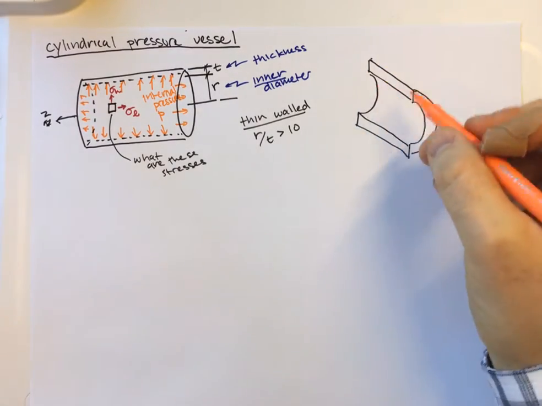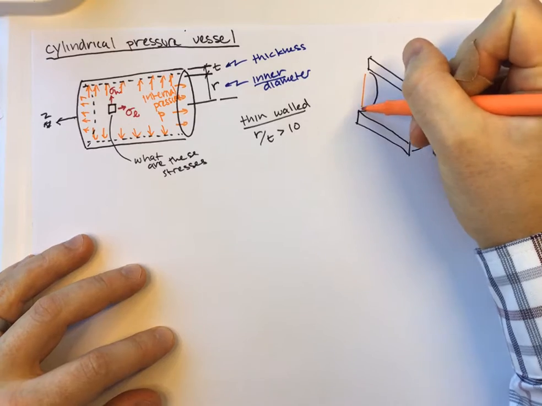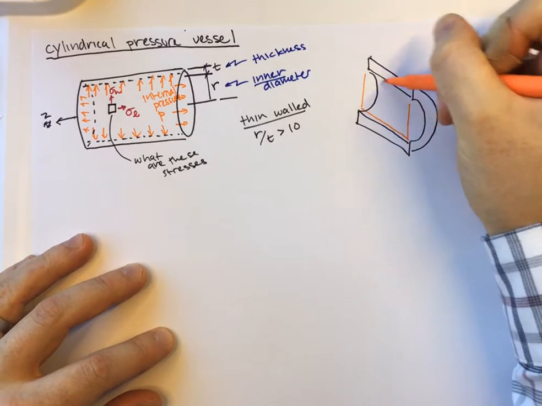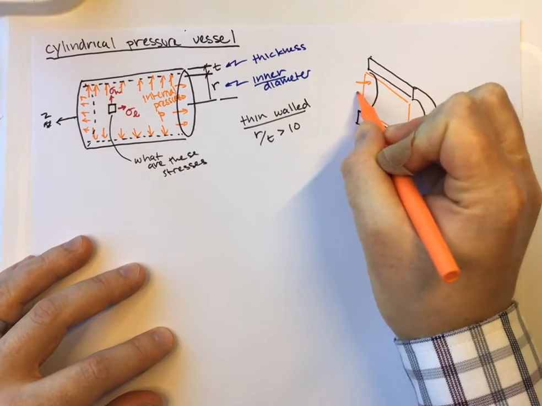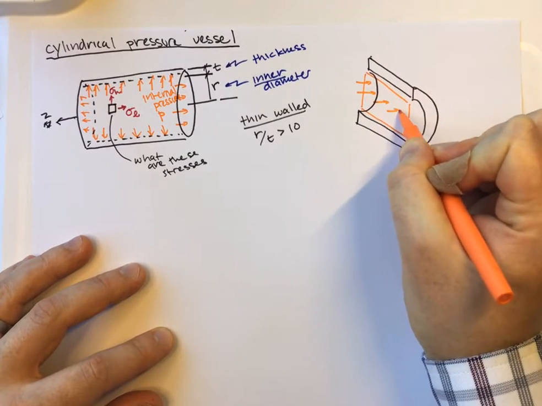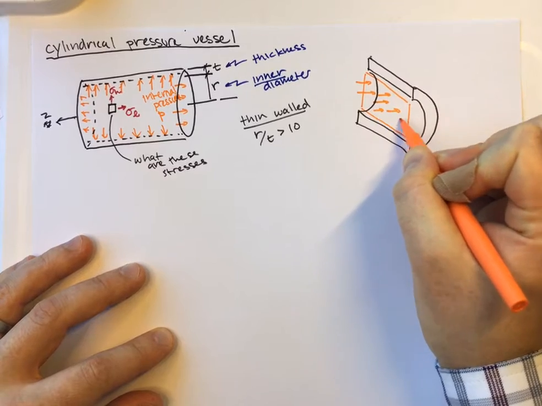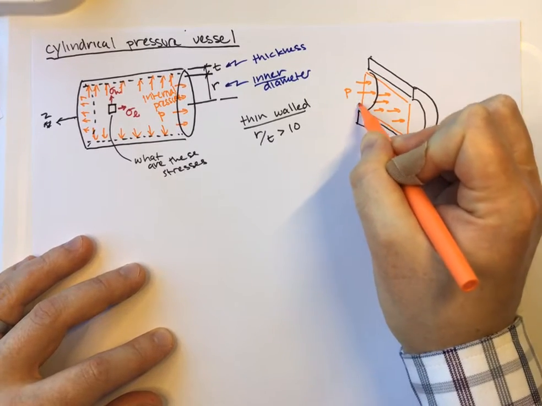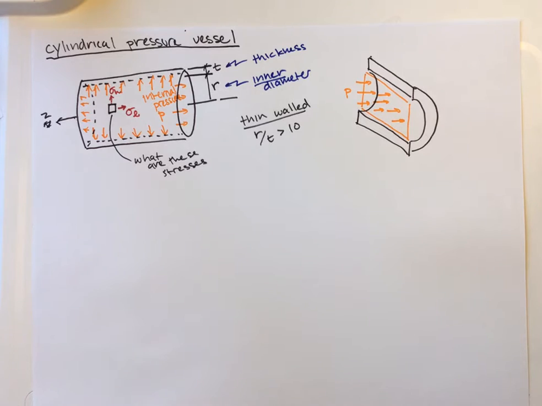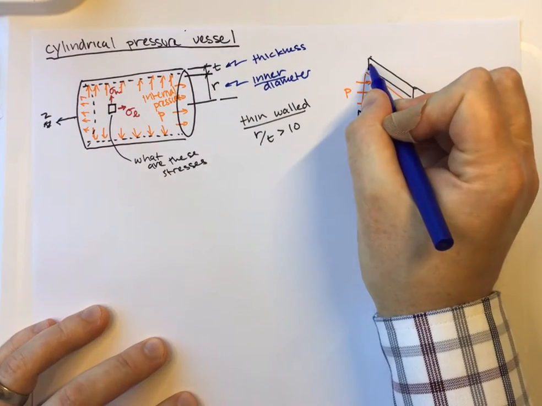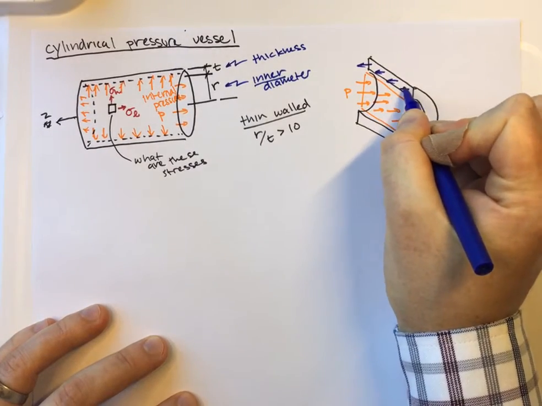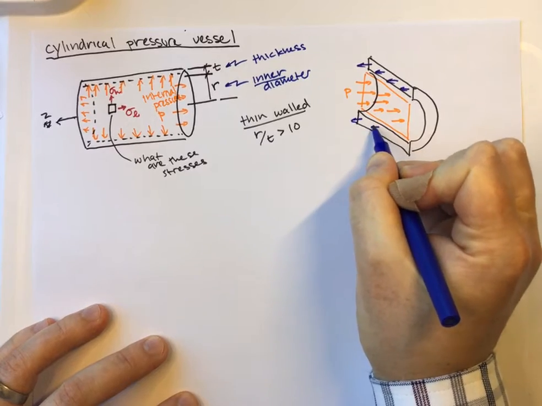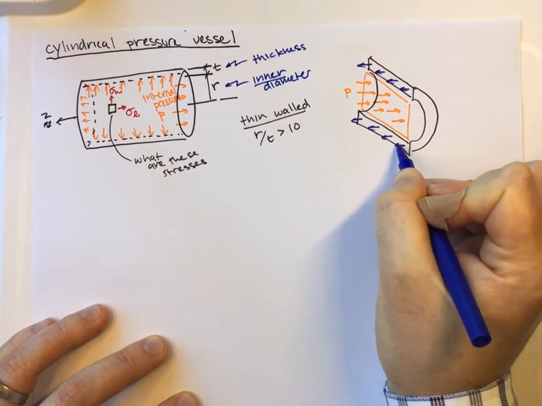So let's add some arrows to our picture here. Here's this interface along our slice, and we have some pressure acting on that, and that's just our internal pressure P. And then in the walls of our cylinder, we're going to have some stress, which is the hoop stress.